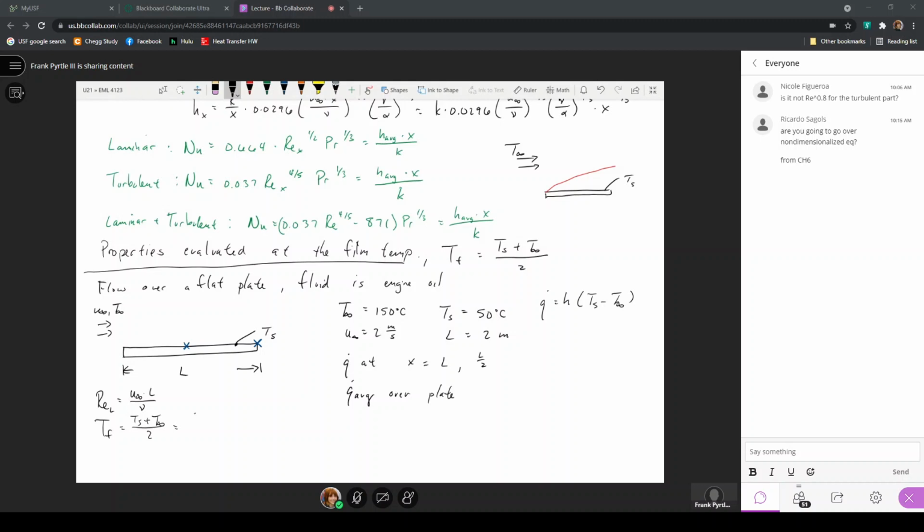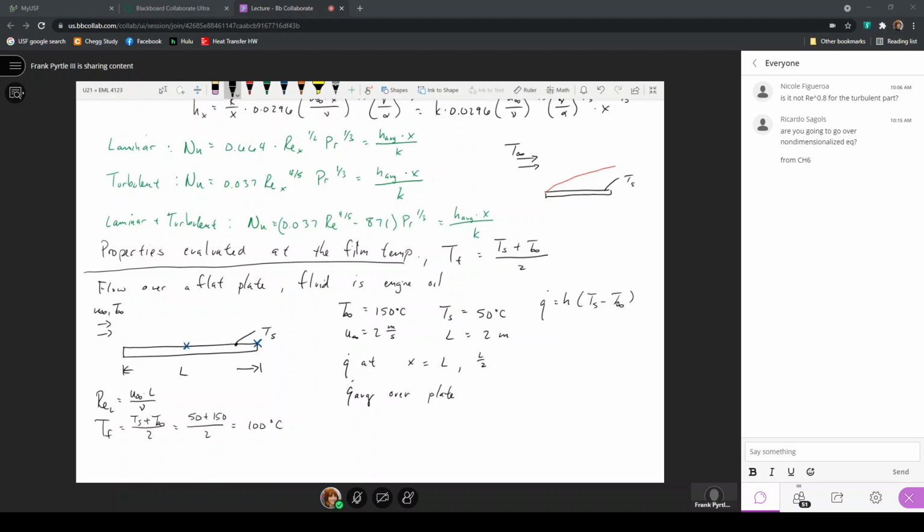So here the surface temperature is 50 degrees. The fluid temperature is 150 degrees. So we would just use the film temperature of 100 degrees to evaluate the fluid properties that we'll use for all the calculations for this flow over this flat plate here.